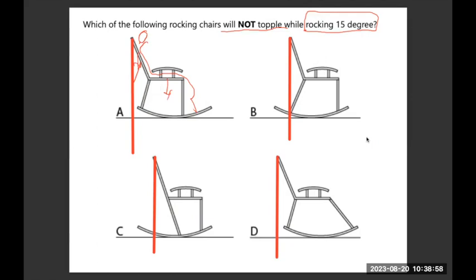Only B or C satisfy the condition wherein if I'm putting my head, there is some support provided at the bottom. Versus A or D there is no support, which means they will topple down eventually. Hence, B and C will be the correct answer, both B and C, basically.